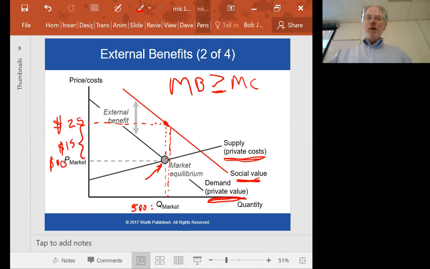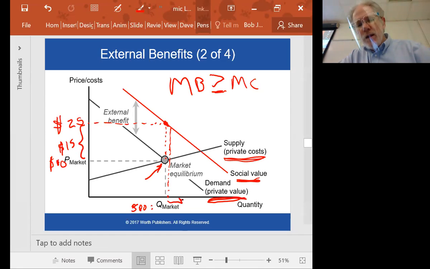So do we want to spend $10 to get a $25 benefit? Yeah, that's a $15 gain. So we want that 501st person to get the vaccine, and the 502nd and third.